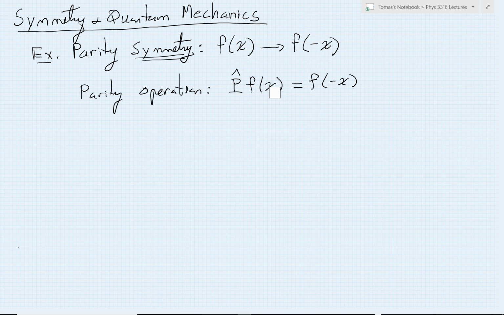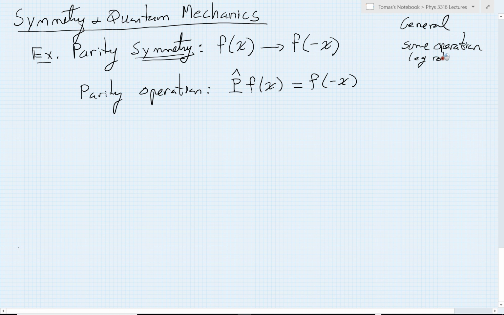Now, if we want to put a little column over here of general considerations, in general there's going to be some type of operation. It might be not just changing the coordinate system where x goes to minus x. It could be a rotation. If I have, for example, an atom, the potential that the nucleus creates is spherically symmetric.